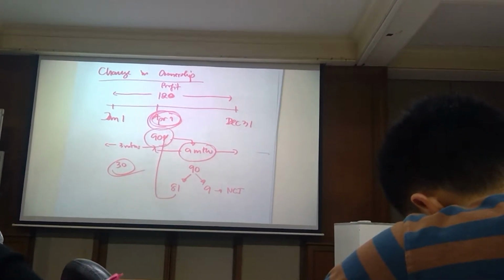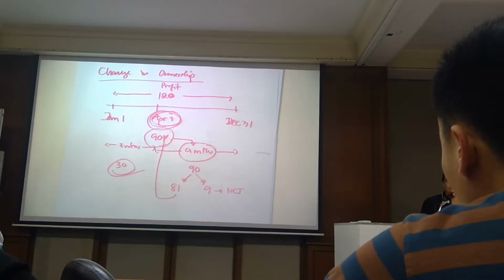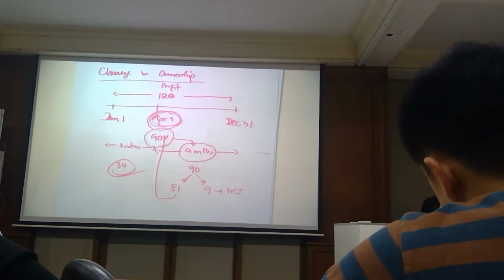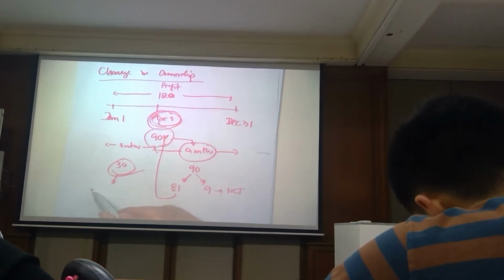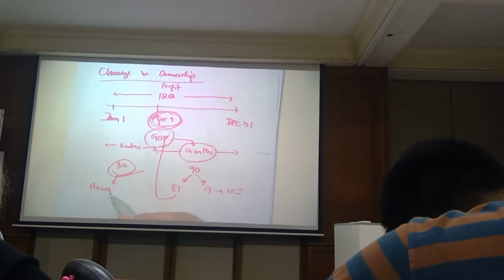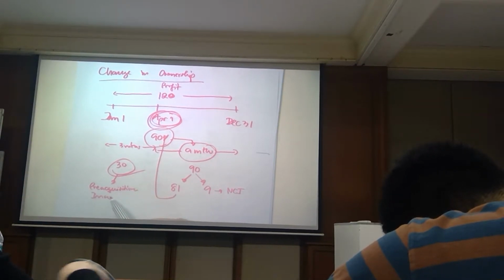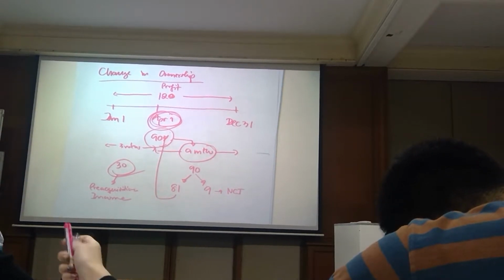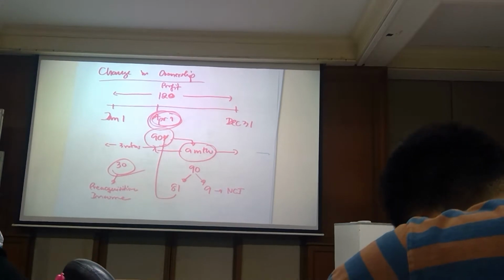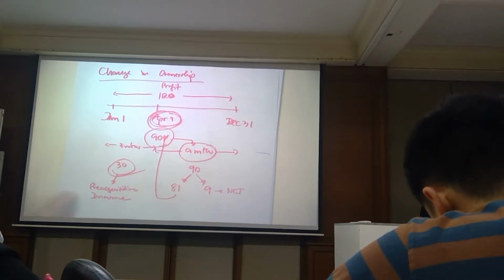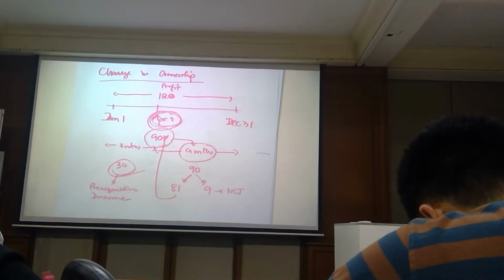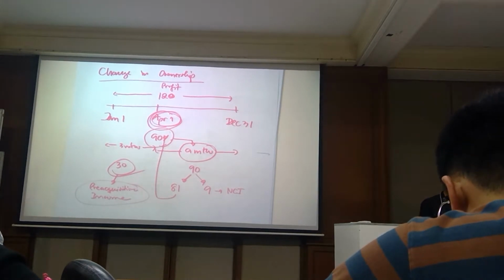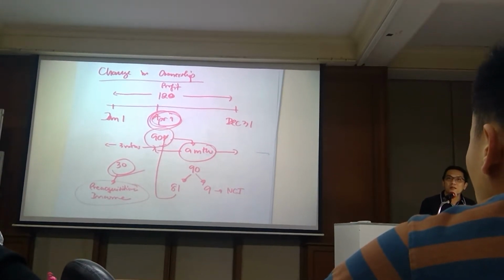How do we call this? We call this pre-acquisition income. So in the financial statement, if they report like this, it means in that particular year, you have some part of income that you cannot own.